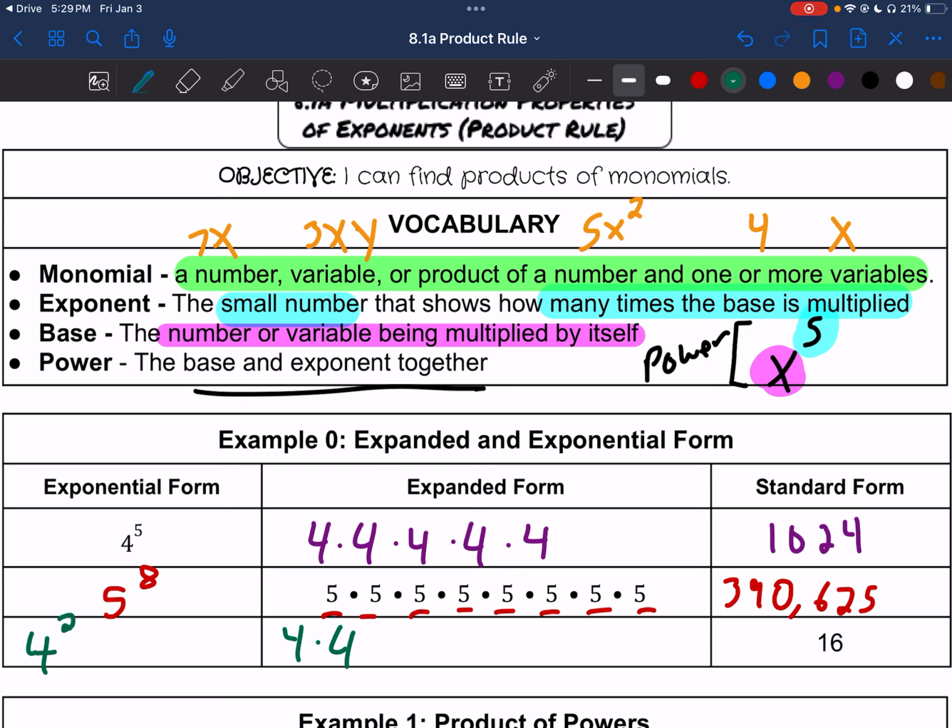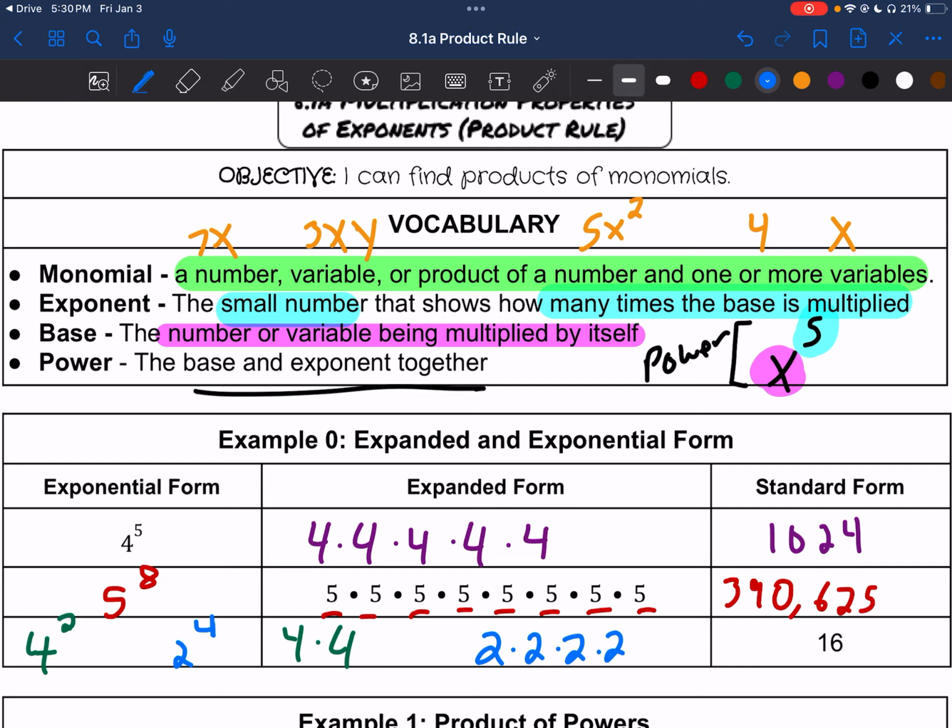Pretty easy, right? But then I did say there's another way of doing this, and well, what makes up 4? 4 is just 2 times 2. So if I did 2 times 2 times 2 times 2, that also gets me to 16. So that would be 2 to the 4th power. So both of those would be an appropriate exponential and expanded form for the standard form of 16.